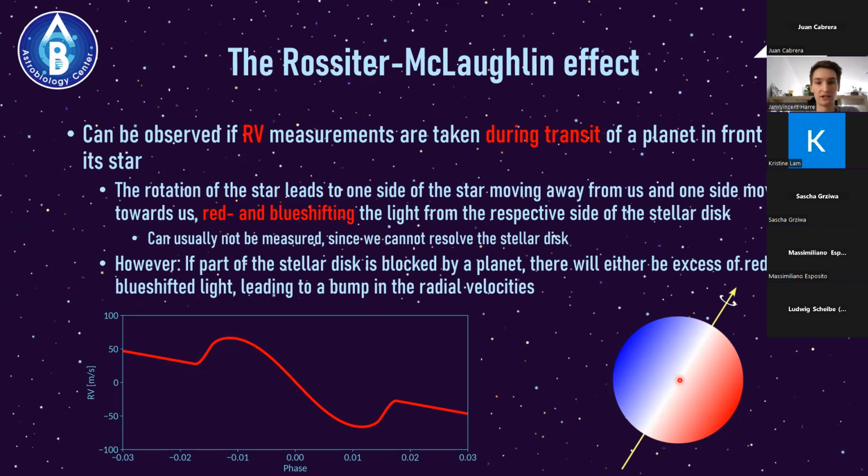Once it reaches the stellar center, we are basically back to the normal level. Then it goes over the red shifted side, blocks part of that light, leading to an excess of blue shifted light, which results in this negative bump right here. And then it leaves the stellar disk again.